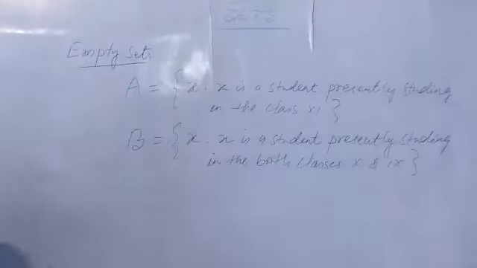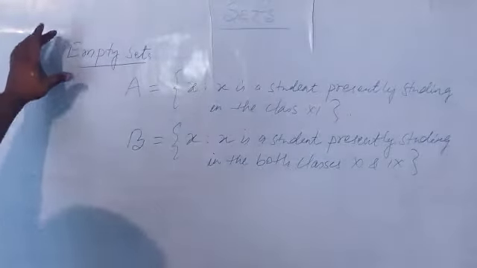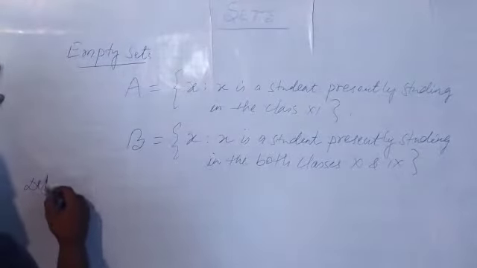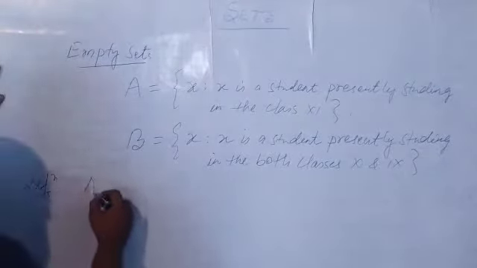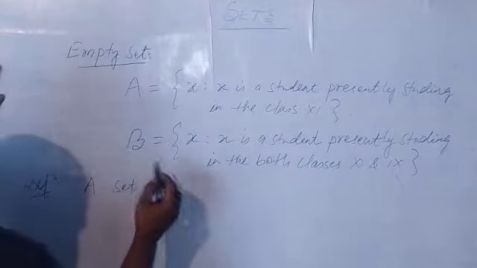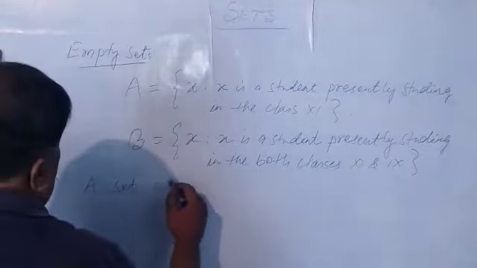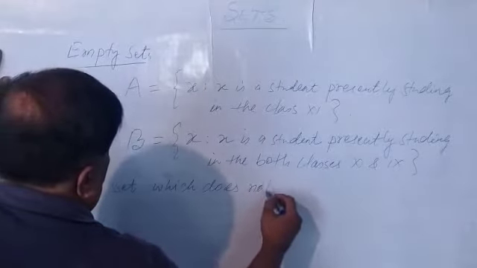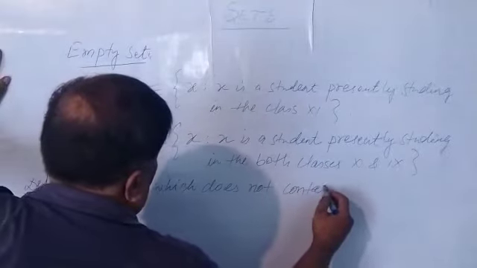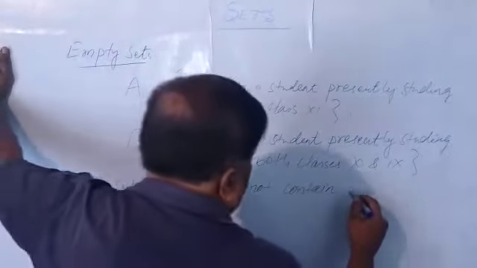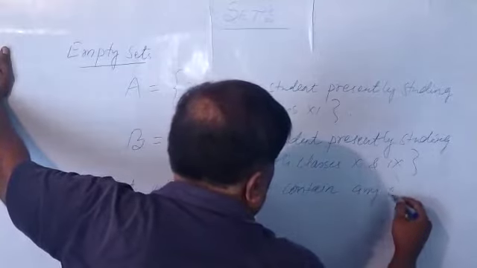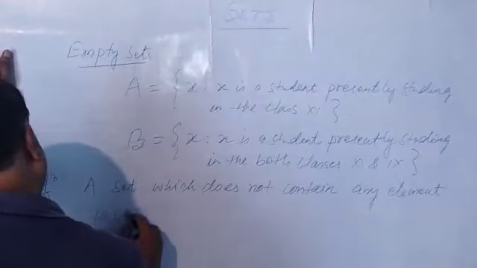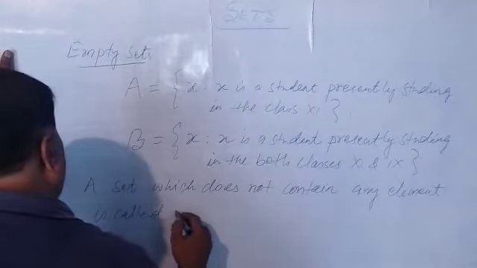Here we come to the definition of empty set. It means a set which does not contain any element is called an empty set.